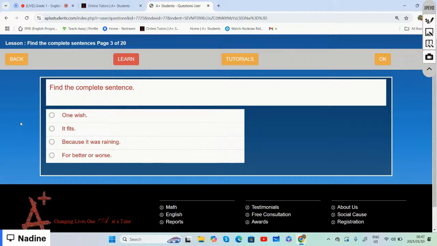See, option one says one wish. It doesn't tell us anything. Look at option two. It fits. What fits? It. It can be anything. It is an item, it's a thing, right? So we'll go with option two.